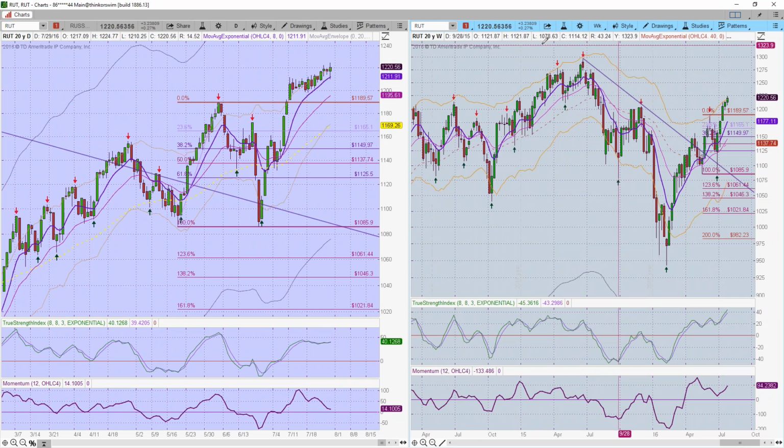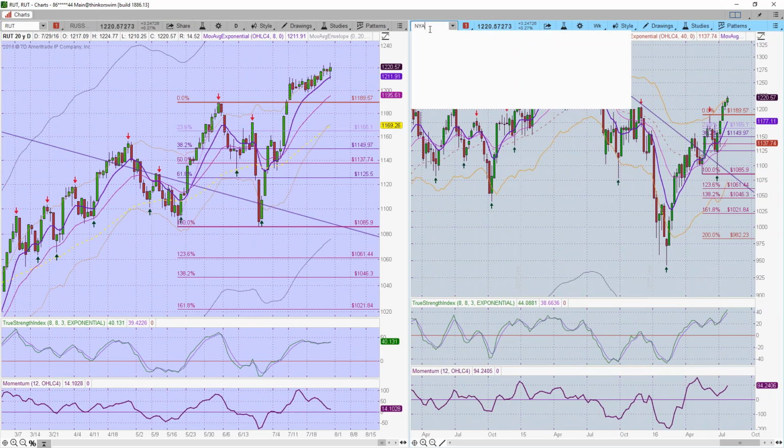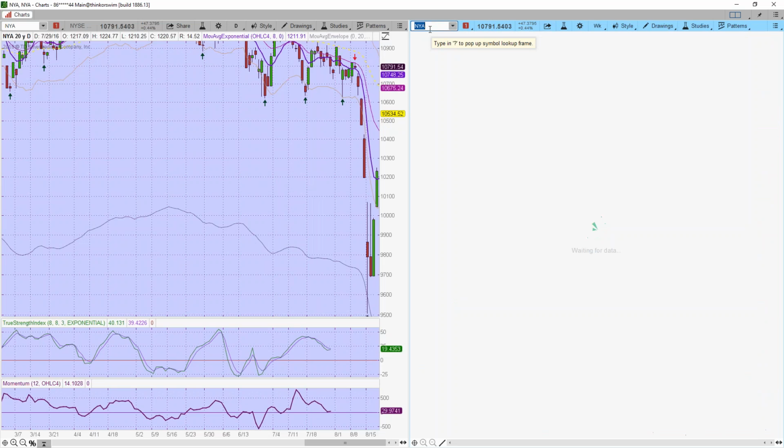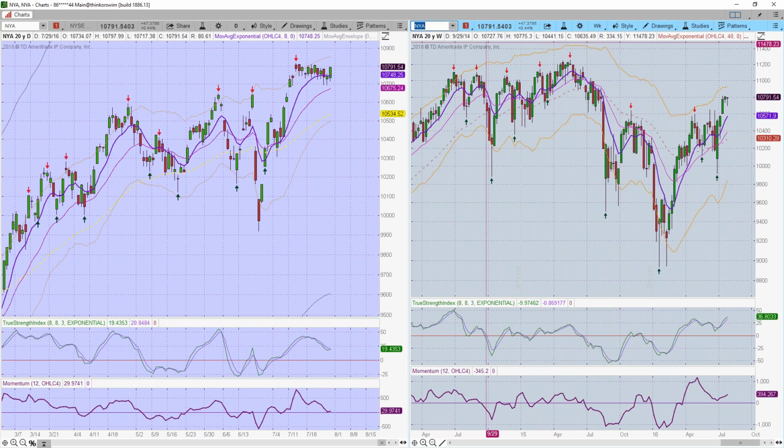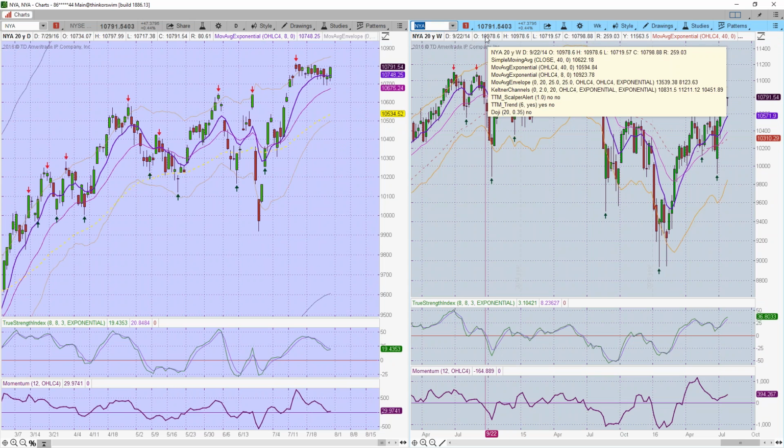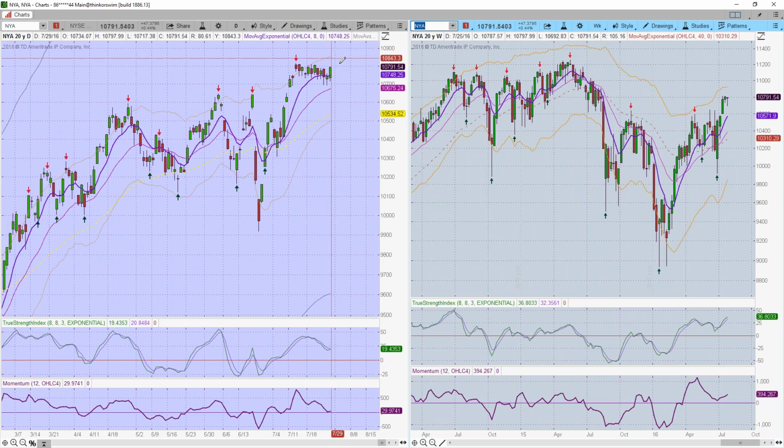One other chart I want to take a real quick look at, a couple of other charts, is the NYA, which corresponds to the NYSE. And as we can see here, the NYSE, like the other indexes, is kind of just moving sideways.